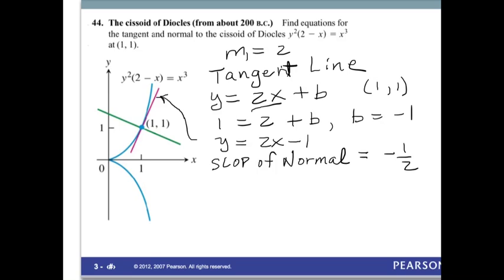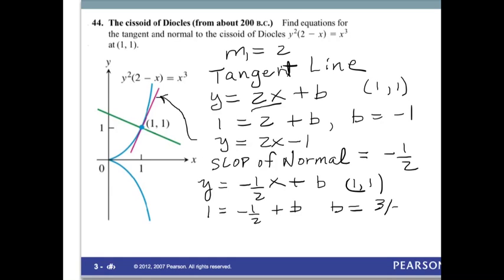So now the equation of the normal line will be y equals minus 1/2 x plus b. And here we need to plug in (1, 1). And so we get 1 equals minus 1/2 times 1, which is still minus 1/2, plus b. So b, as you can see, is equal to 3/2.